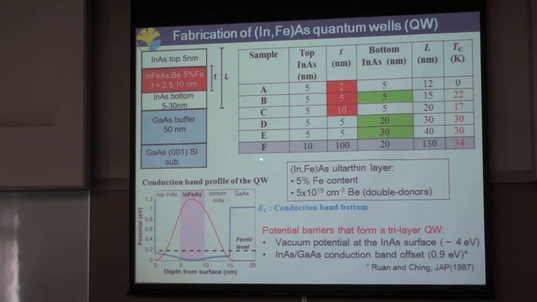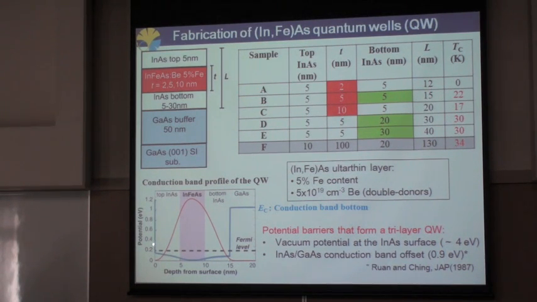The sample F is a reference sample, which is a very thick indium iron arsenide, 100 nanometer thick layer. And these are the estimated TC. So here is the conduction band profile of this heterostructure we expect.